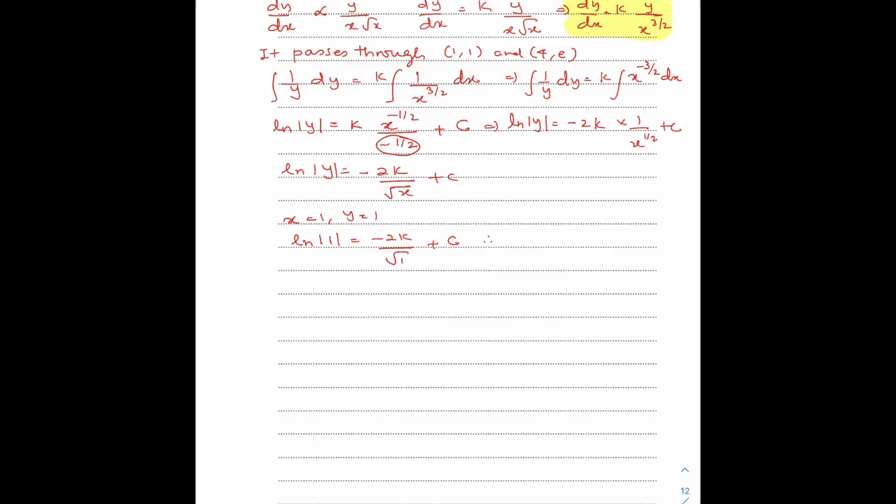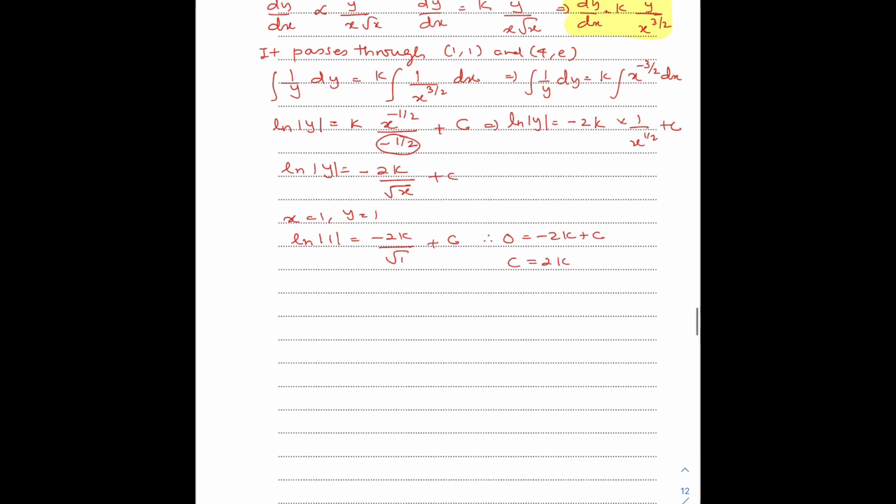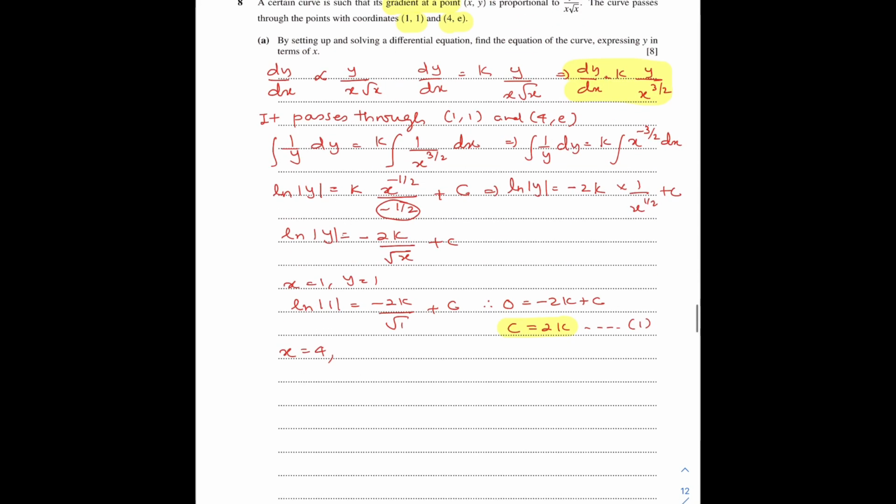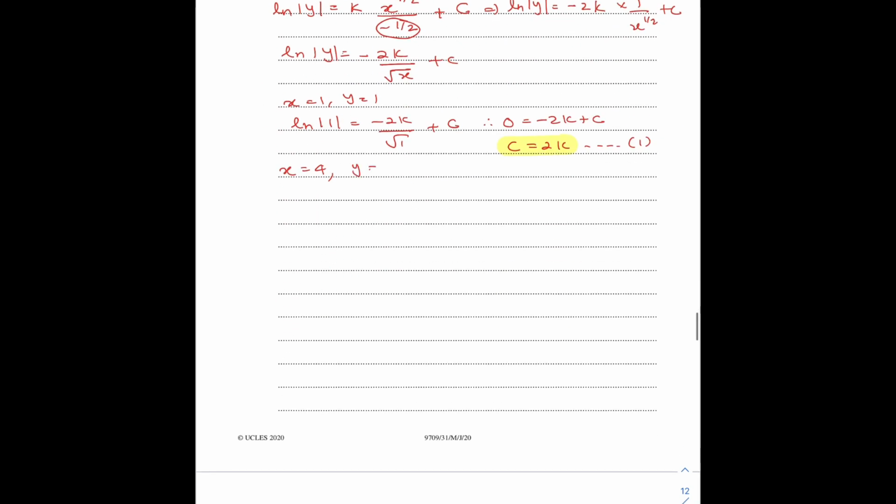That's what I have done. Now x is 1 and y is 1. So ln 1 is negative 2k square root of 1 plus c. ln 1 is 0, so 0 is negative 2k plus c. That means c is 2k. That's equation 1.